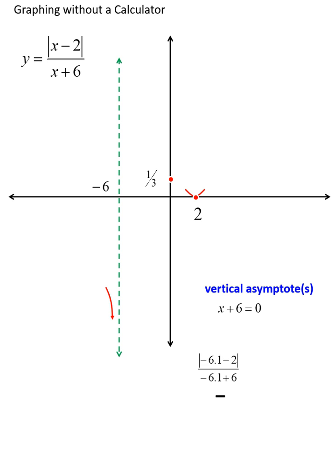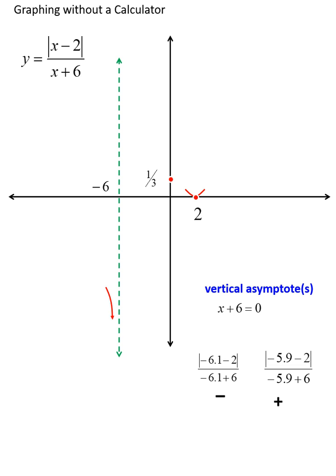Now that I've examined the behavior of the graph to the left of -6, let's examine it to the right of -6. What's slightly to the right of -6? How about -5.9? Now, if we plug in -5.9 to this function, we're going to get a positive divided by a positive, which is a positive. What does that tell me?